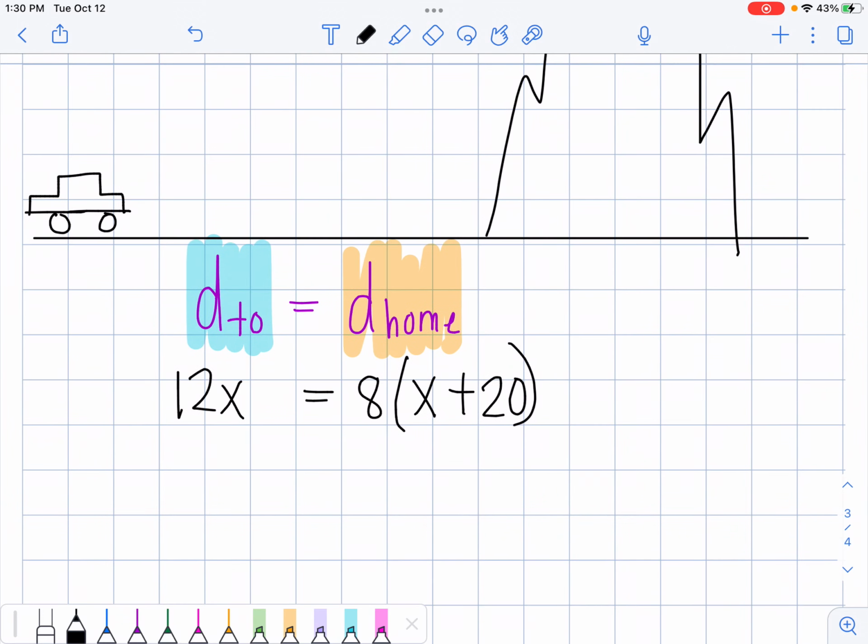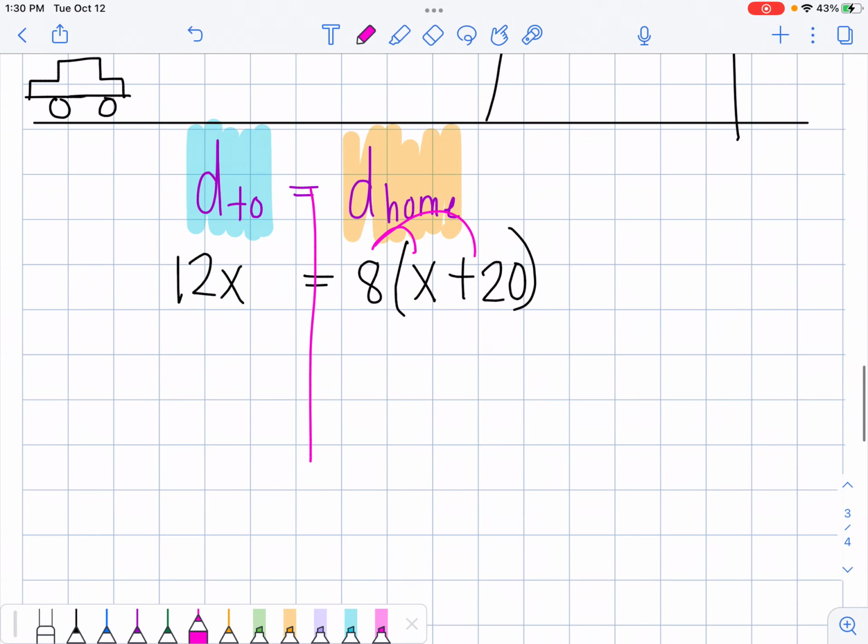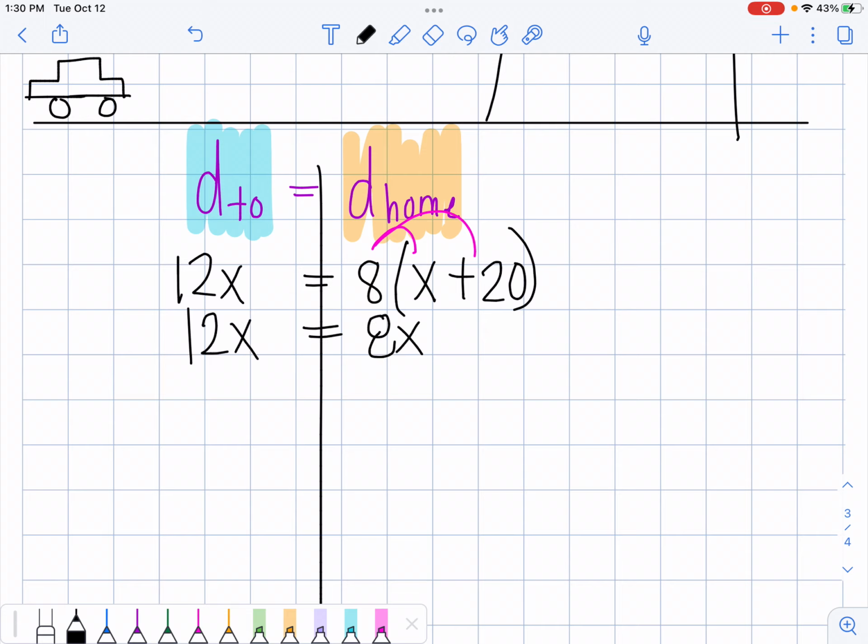Okay, so to solve this, first thing I have to do is distribute, and I'm going to put a line down the middle. I'm going to give myself a little more space here. Put a line down the middle and multiply. 8 times x is just 8x, and 8 times 20 is 160. Now I need to get x on the side by itself, so I have to take this 8x and move it over to the left-hand side.